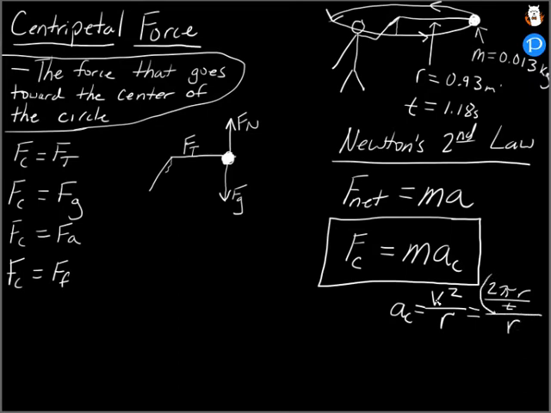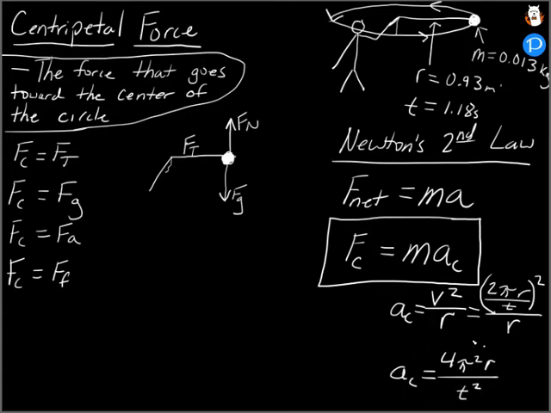This has to be squared because it's v squared. So it's 2 pi r over t, squared, which is 2 times pi times the radius divided by time. Now if I square this over r and cancel out one of those r's, I get centripetal acceleration equal to 4 pi squared times the radius over t squared.